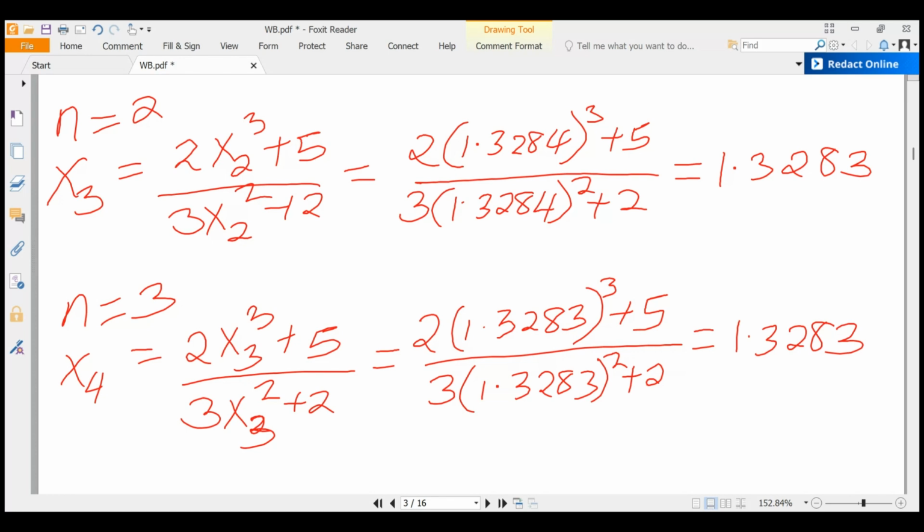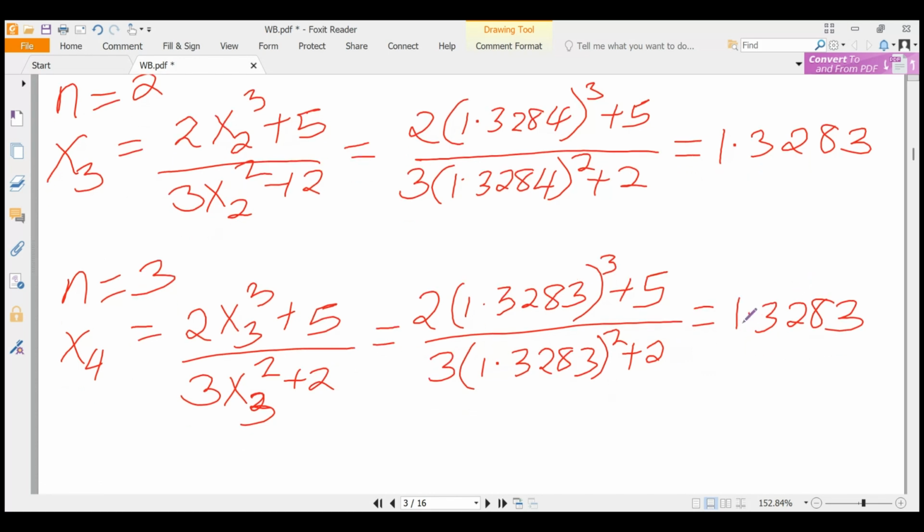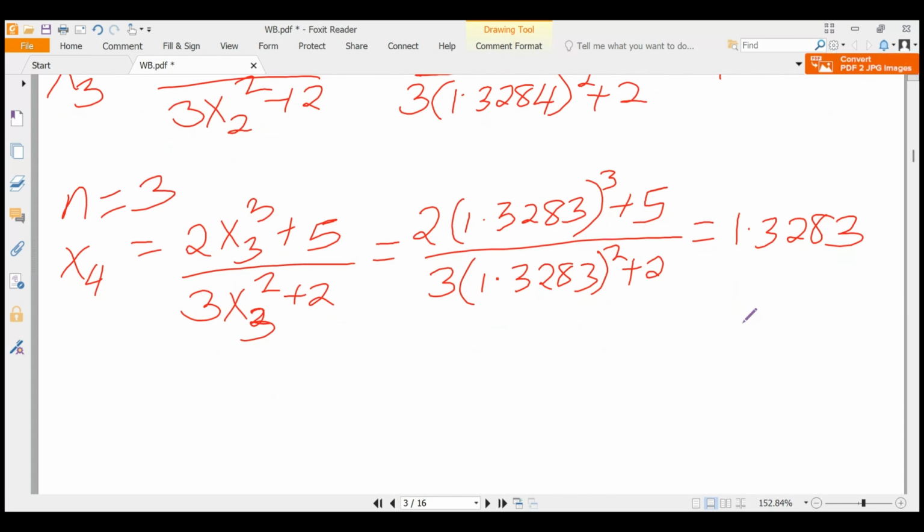Now we can continue like this, but it is important to note that the approximations x3 and x4 are exactly the same, 1.3283, when expressed correct to 4 decimal places. This suggests that this is the best approximation that we can make for the root of this equation.